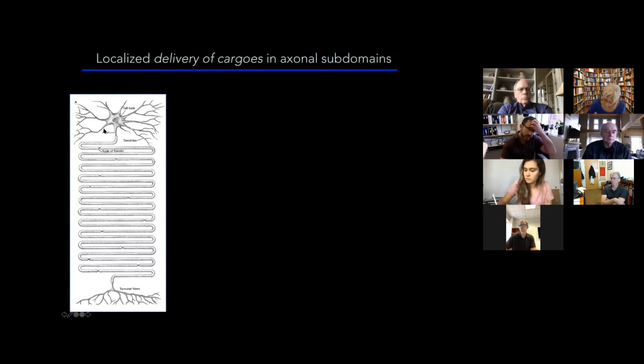So these neurons have a very unique challenge, which is that they need to deliver everything needed for the terminals to work properly. That is done by a process known as axonal transport, which, depending on the type of contents, can be classified into slow and fast axonal transport. Slow axonal transport is mainly related to the transport of cytoskeletal elements. It proceeds much, much slower than fast axonal transport.